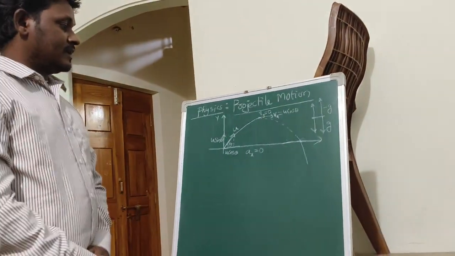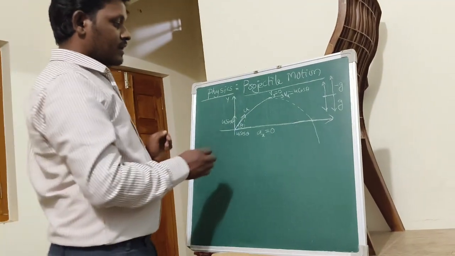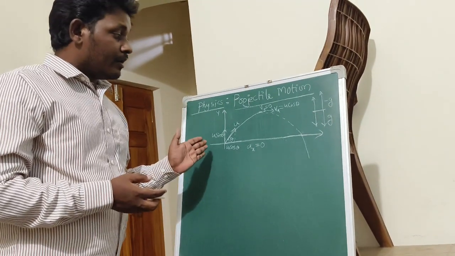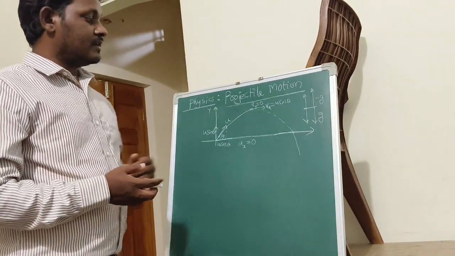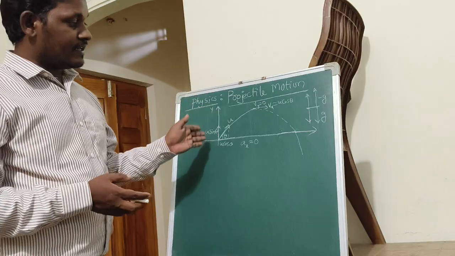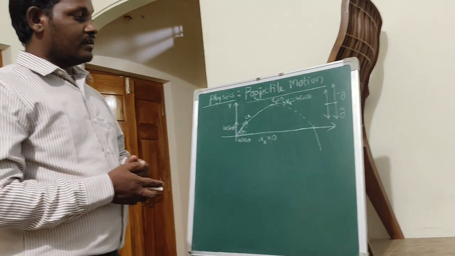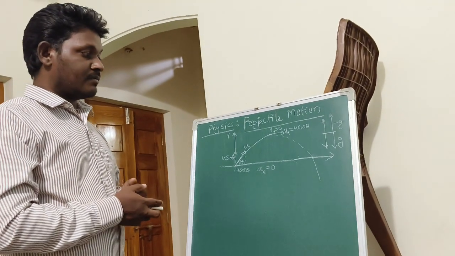Okay, let us see for this case, ground to ground. Let us find what path it travels. By looking we can say it is a half circular path. Let us see, is it moving in a circular path or some other path?